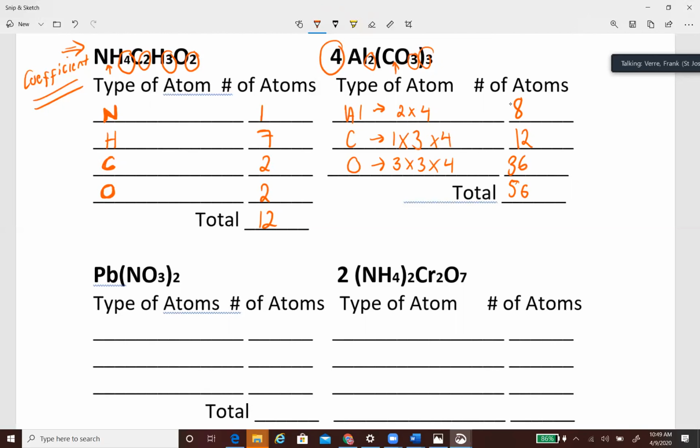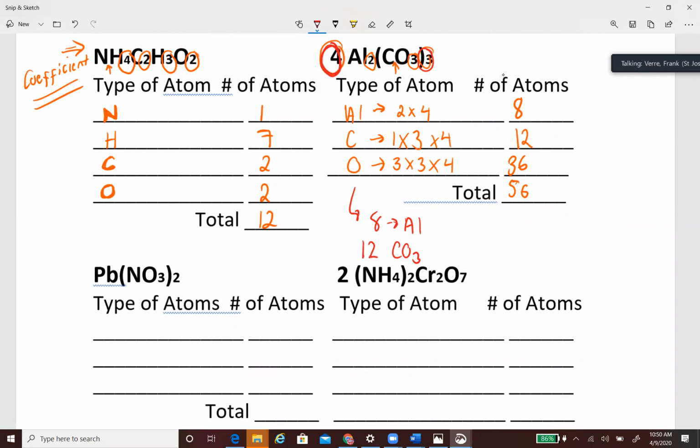But like I mentioned before, another way to think of something like this is that there are 8 aluminum, or we can look at it as being there's 4 times 3, 12 carbonate. There's another way to think of it too, okay?